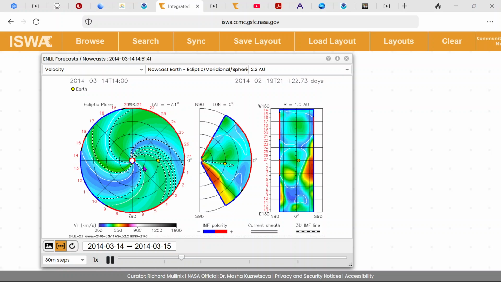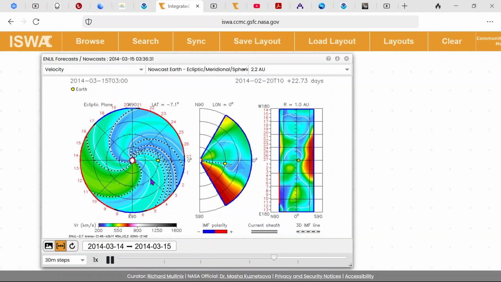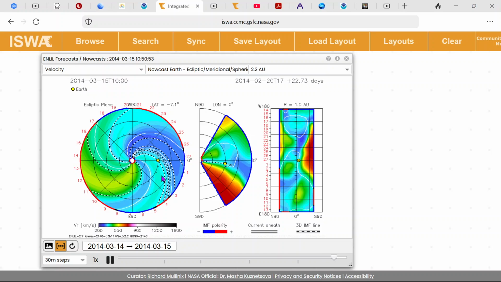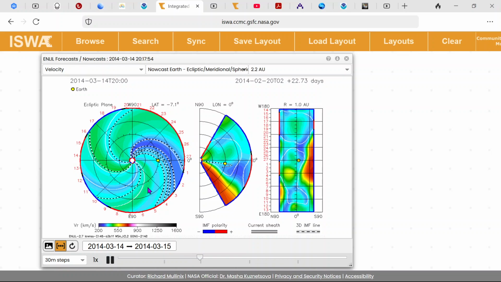And we are watching ENLIL forecast. So what I find rather odd is that where did the planets go? Why don't we have satellites? What's the thing? Why?